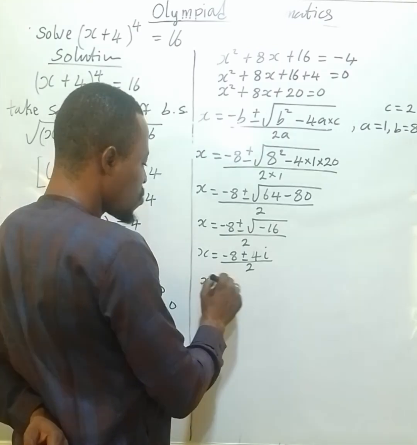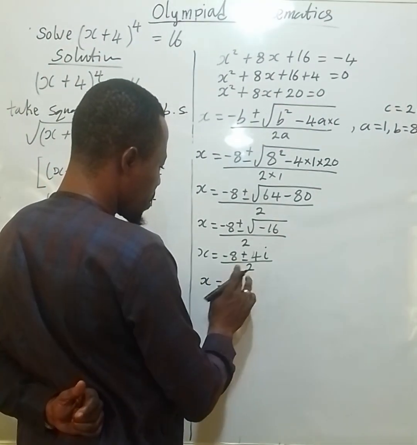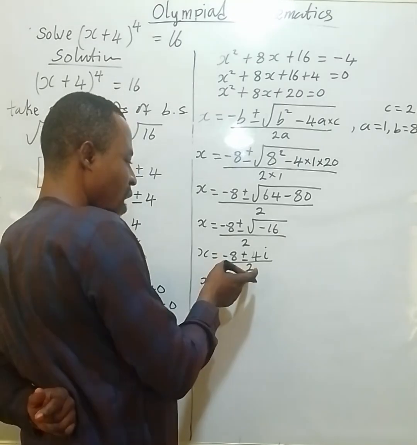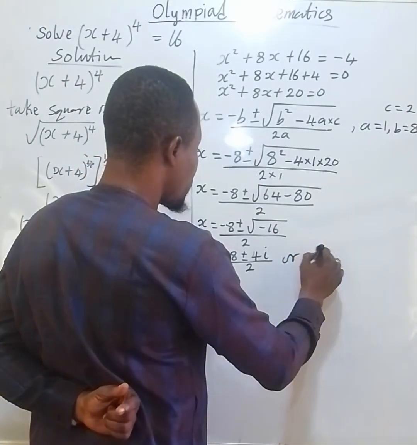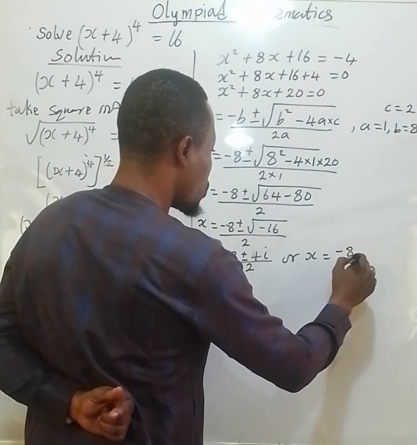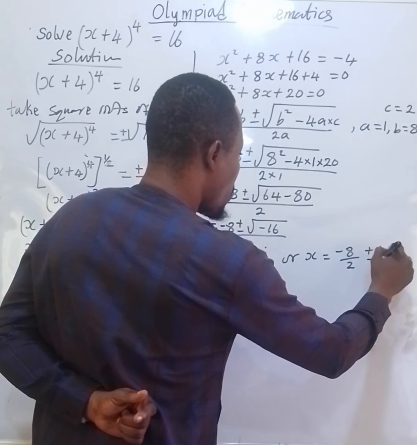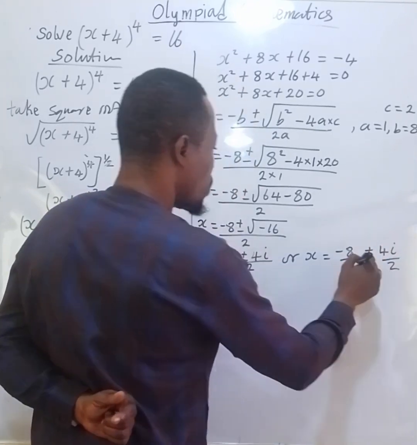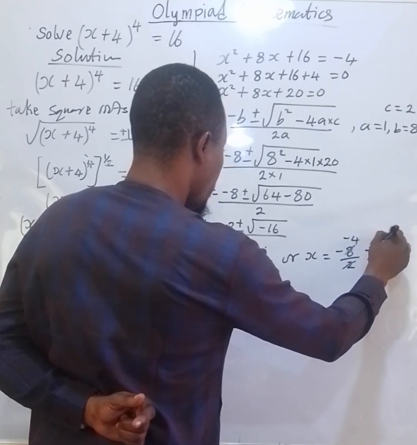Now x equals minus 8. Okay, let's divide it directly. As we have 2 here, it's the same thing as x equals minus 8 over 2 plus or minus 4i over 2. So these two will cancel. We have minus 4 and we have 2i here.